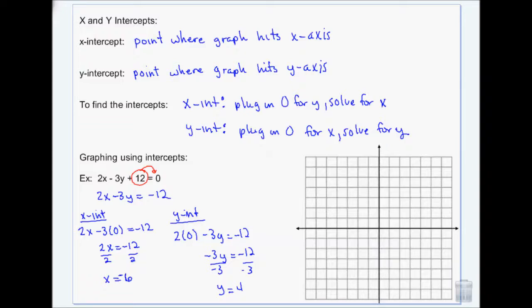So give yourself an x and y axis. The x-intercept is negative 6, so I go to negative 6 and I put a dot. The y-intercept is positive 4, so I go to positive 4 on y and I put a dot. And then I connect the dots.